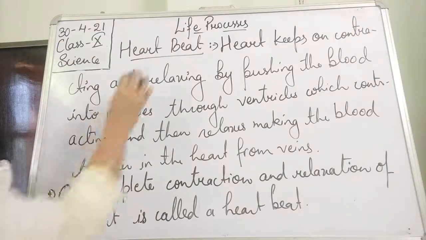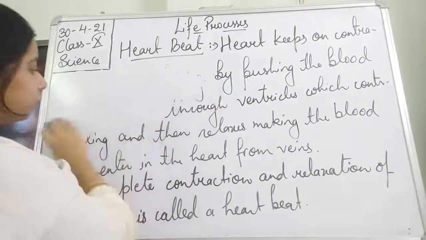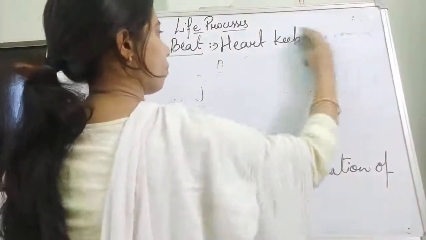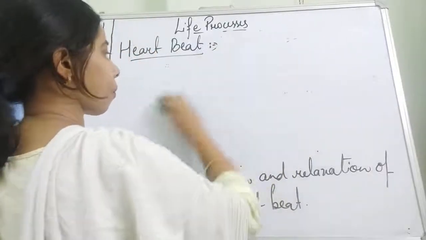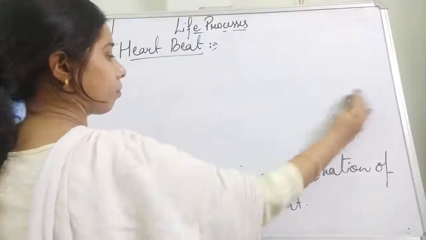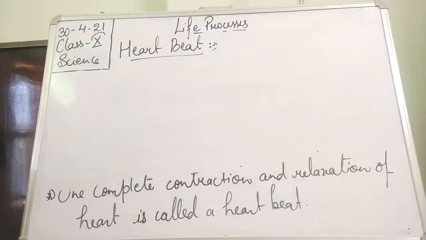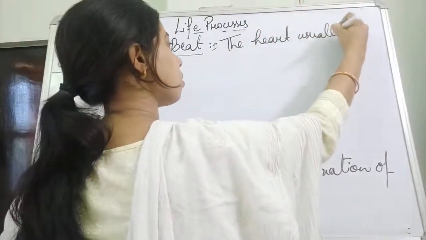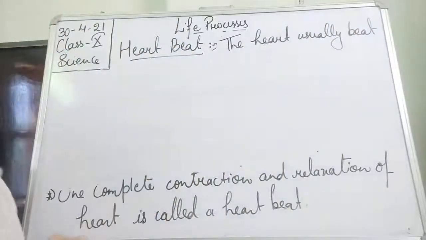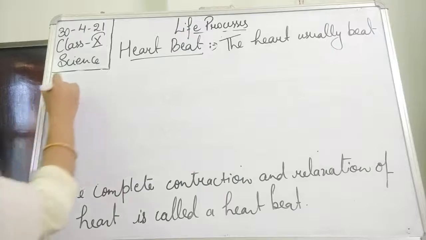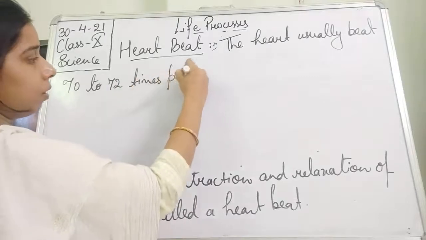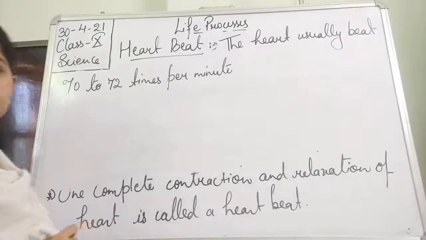So we can write it here, students, that the heart usually beats 70 to 72 times per minute.